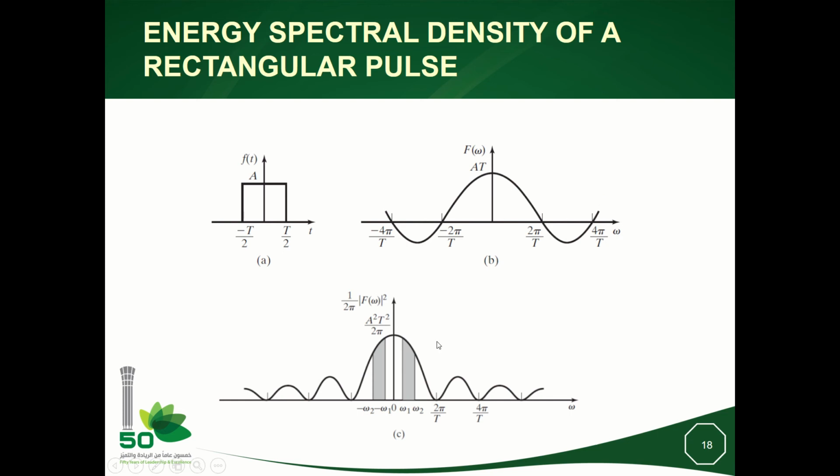Right. Now if I take the magnitude of F(omega) squared and multiply it by 1 over 2 pi over all possible frequencies, I will get this. The negative shape here will be up, because we are taking the absolute value. So this is why we are seeing it like this.